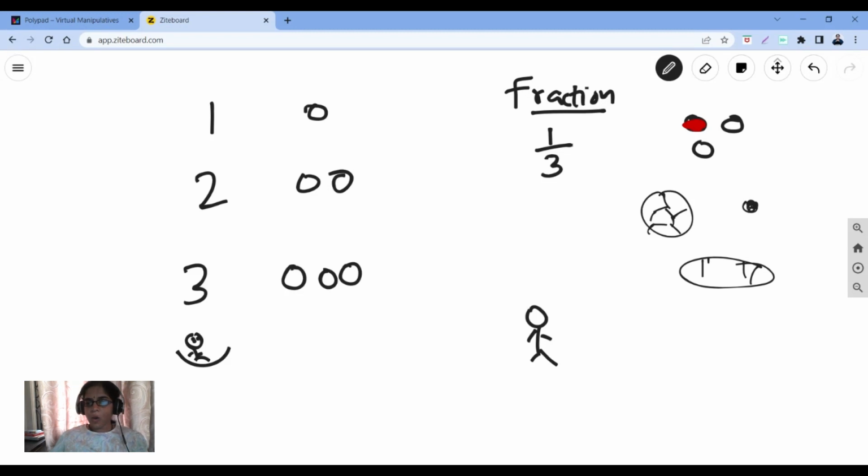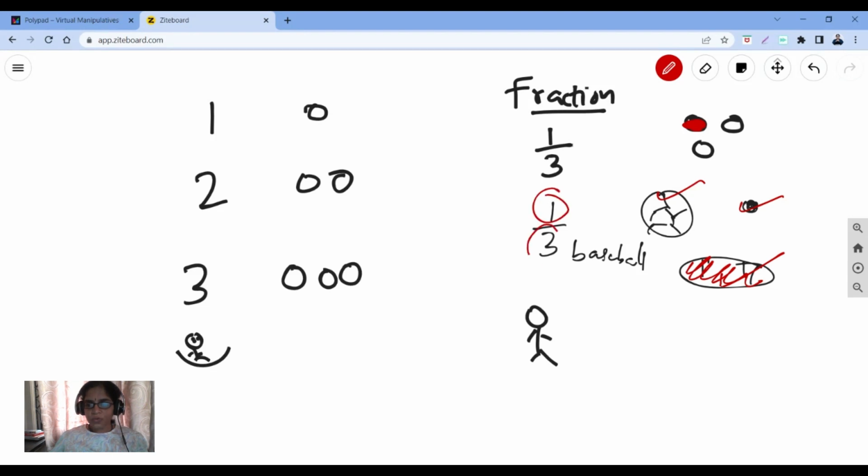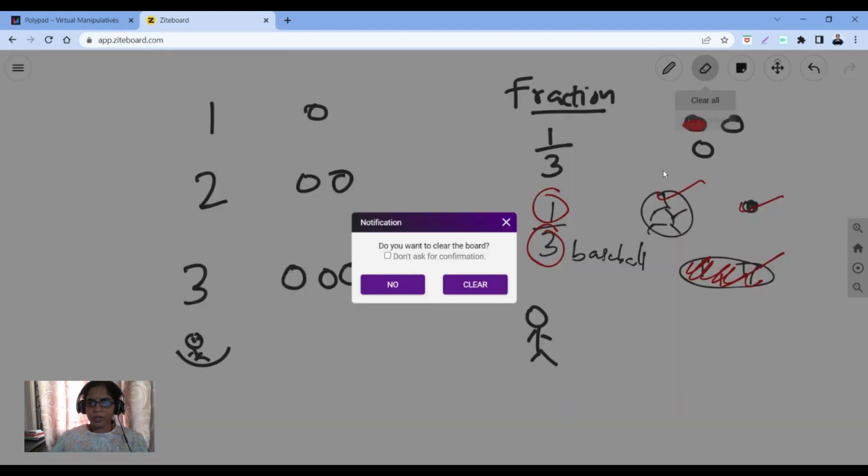Now, if I say one third of it is baseball, that means I'm talking about this one thing out of one, two, three. This one out of this much. Or it can also be told in a different way.